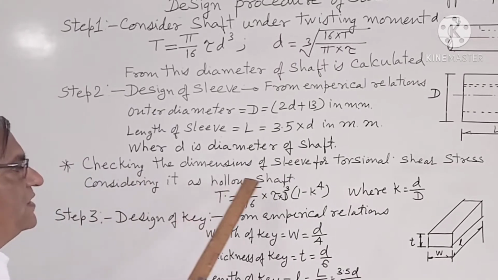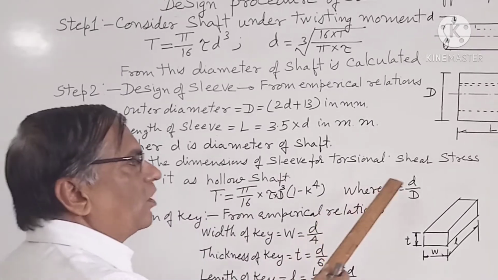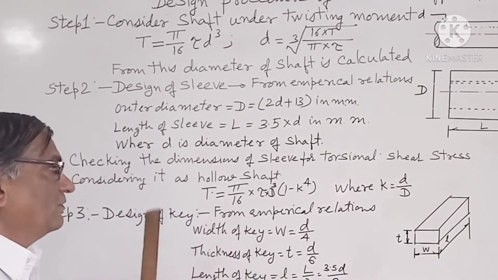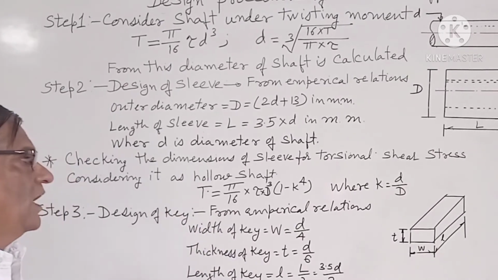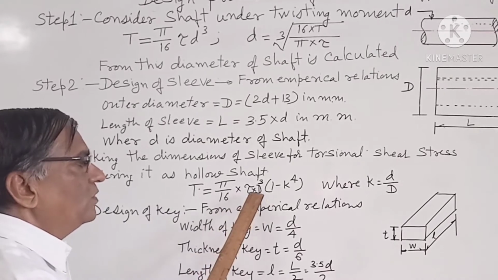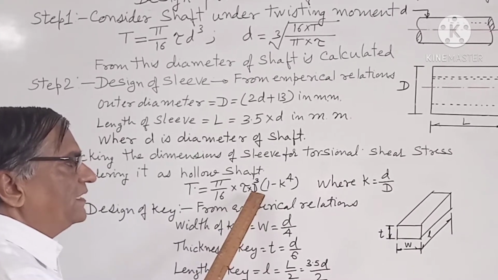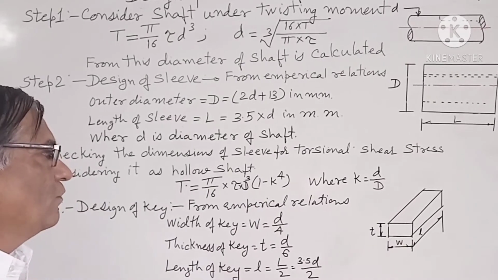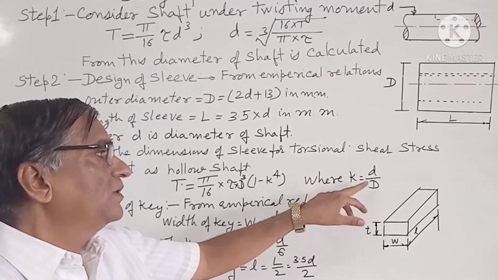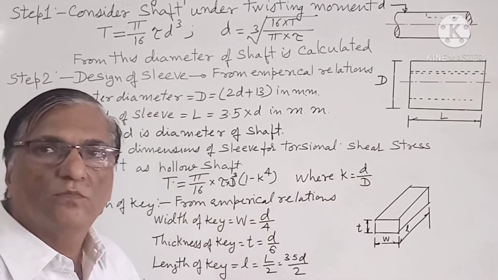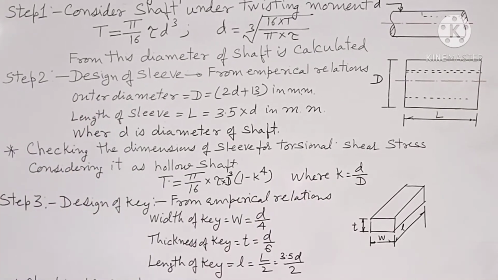Now checking the dimensions of the sleeve for torsional shear stress, considering it as a hollow shaft. This is the formula of hollow shaft. So torque is equal to pi by 16 into tau into outer diameter capital D cube into bracket 1 minus k raised to 4, where k is the ratio of small d or shaft diameter upon outer diameter of the sleeve.